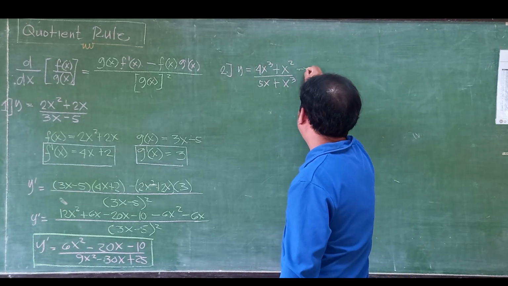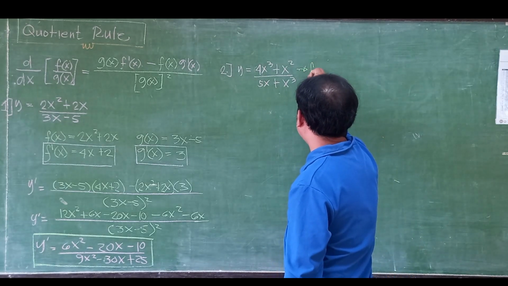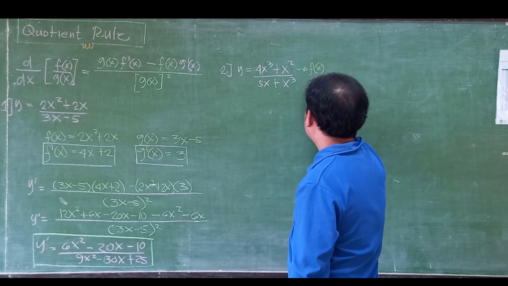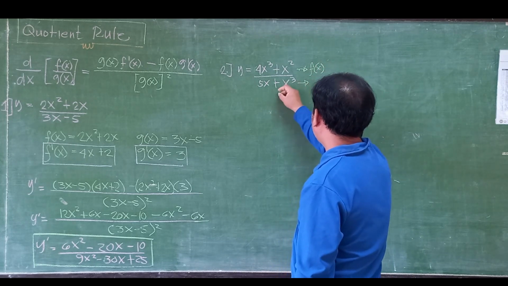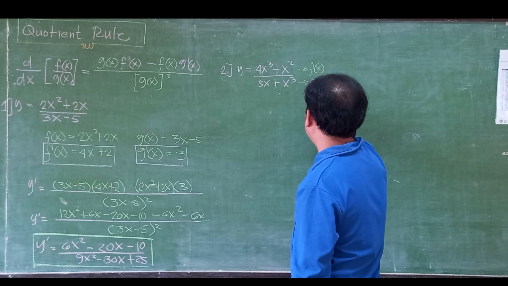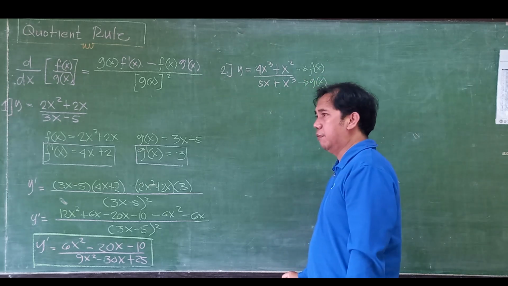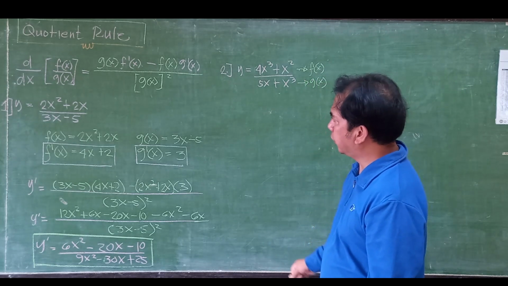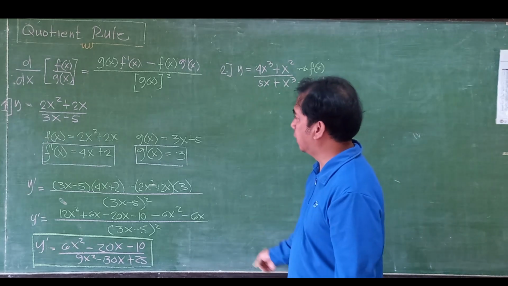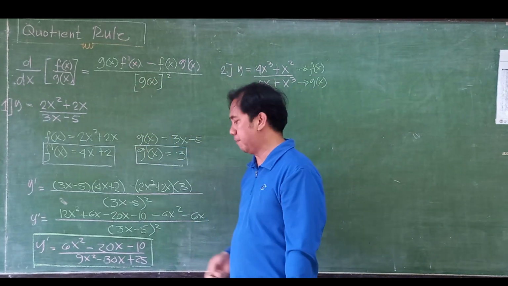So our f is this one, so f of x. And our g is the denominator, g of x. Now, having said that, that's the time we're going to individually get the derivative, and after that we follow this pattern.